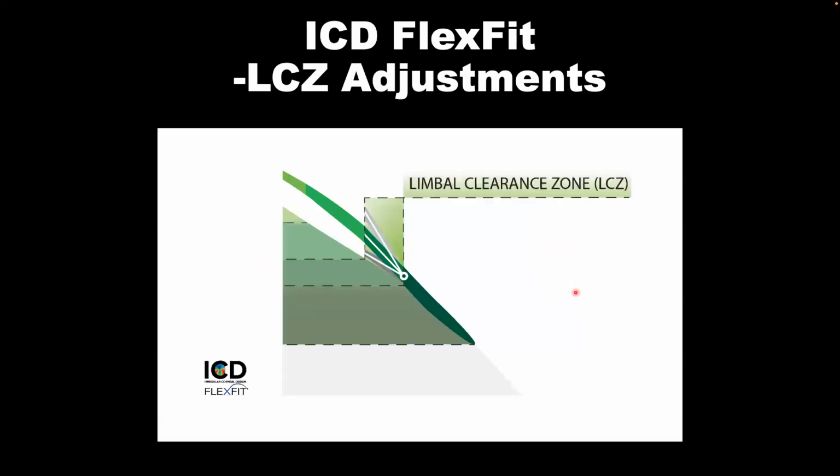So with limbal clearance, whenever you're seeing touch or bearing or heavy bearing, an appropriate change may be a +5, just taking into account that that is 125 microns that you're changing, and just remembering that the lens will drop down and you may want to go a little bit higher, just because the lens during the day will drop and that area will drop as well.